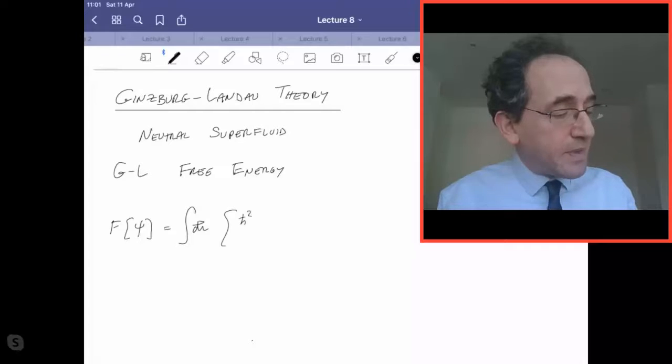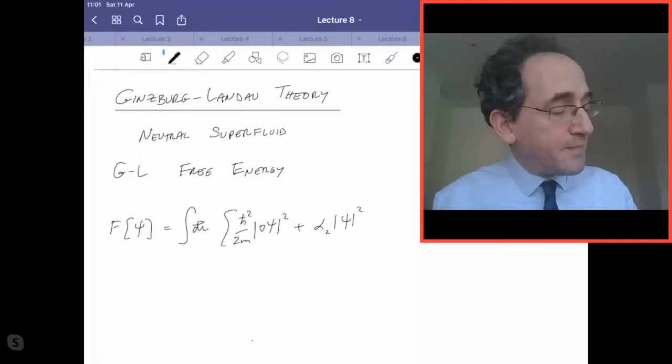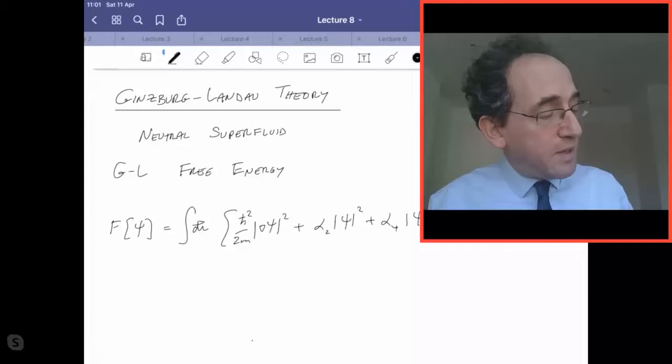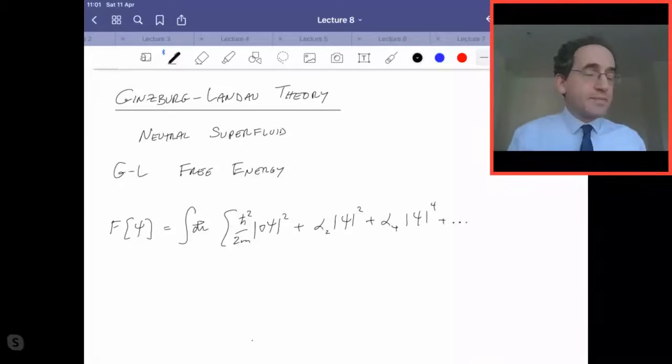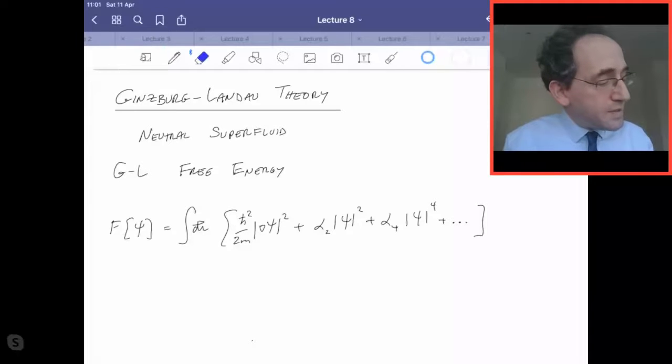There's a spatial derivative term, gradient of psi squared, and then there will be some expansion in powers of absolute value of psi, and there may be even further terms. Like this. So this term is psi to the fourth. This term psi squared. That's what we derived earlier, psi to the fourth term.